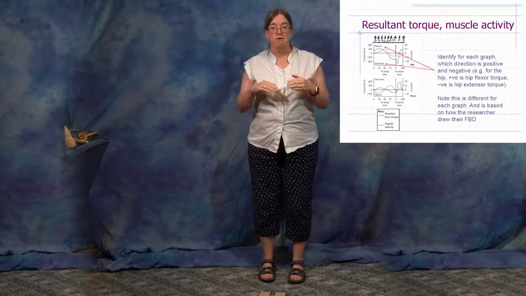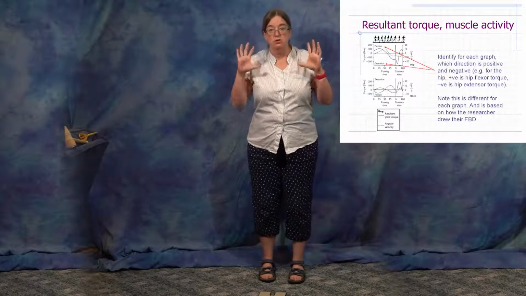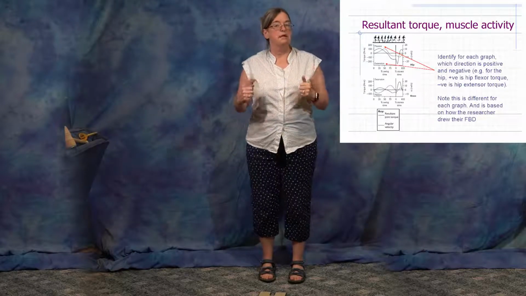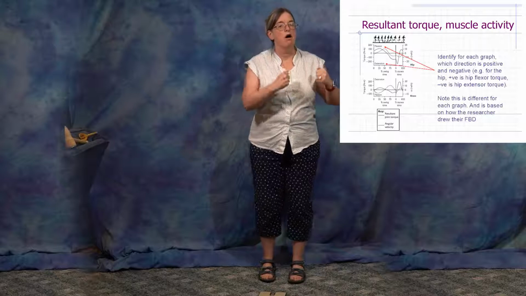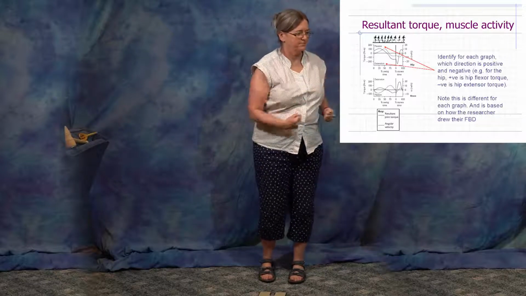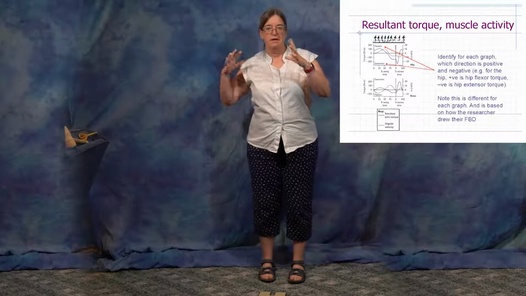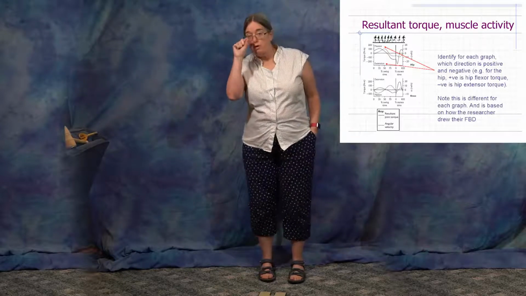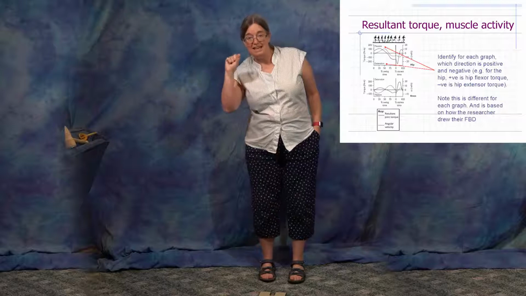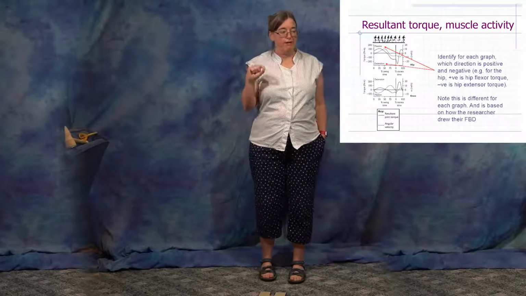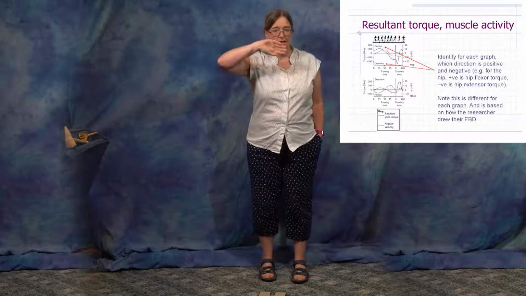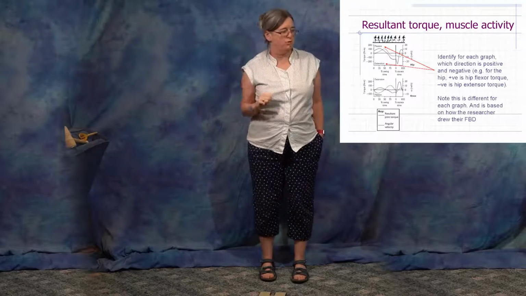Whenever the net joint torque is positive, that means the hip flexors are the agonist muscle. If the net joint torque curve is negative, that means the hip extensors are the agonist muscle. And it flips for the two graphs.